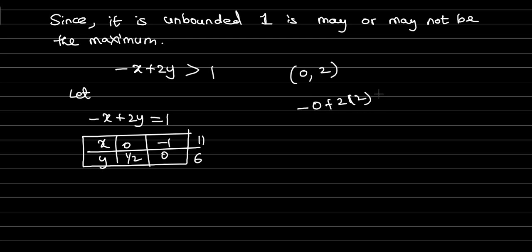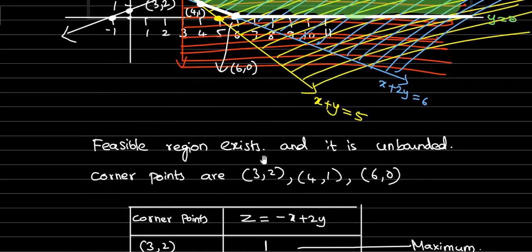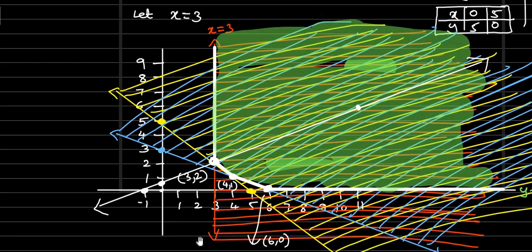What is the value that we are getting? 4. 4 is greater than 1, so the condition is satisfied. That means we have a solution on the upper side. So we have a solution on this side.